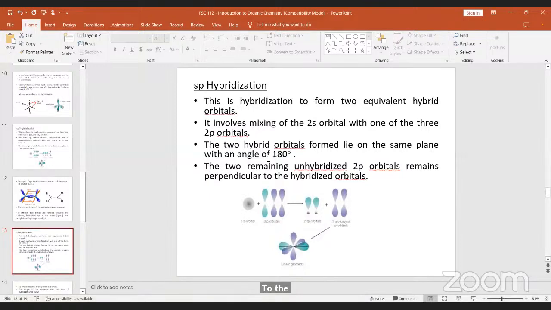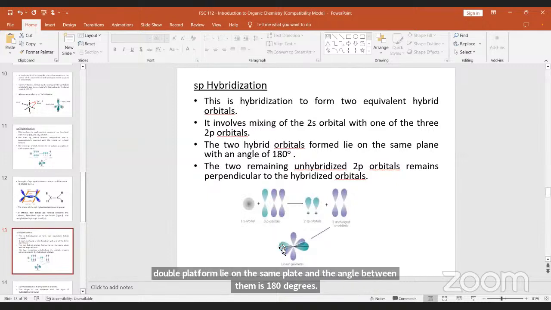So supposing you have another hybridized sp orbital, you can also form a compound. So sp hybridization involves mixing of one s orbital with one of the three 2p orbitals. The two hybrid orbitals formed lie on the same plane, and the angle between them is 180 degrees.